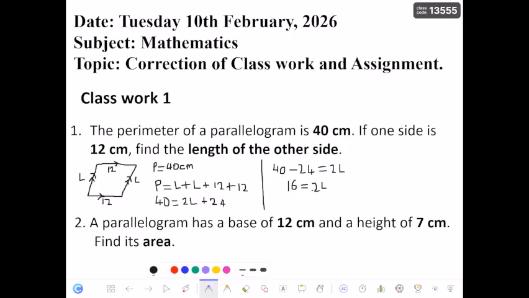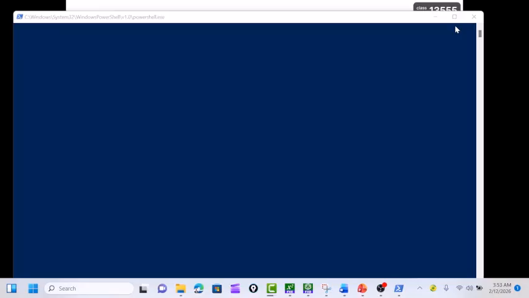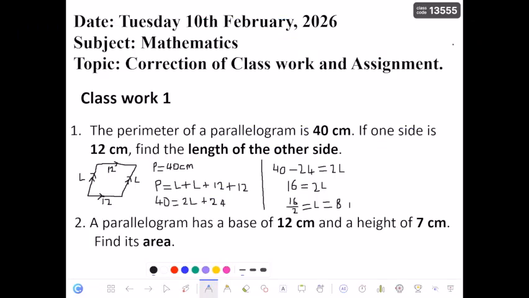The next thing is to divide by 2, which is 16 divided by 2. This will be equal to L. Finally, 16 divided by 2 will give us 8, which is the length of the other two sides, 8 and 8.